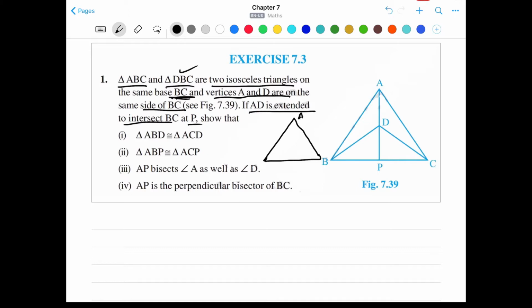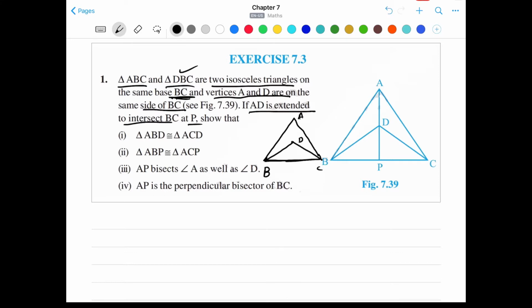So if this is A, B and C, and this is the common base BC, on the common base BC we have another triangle which is DBC. This is the point D. So these are the two triangles given.